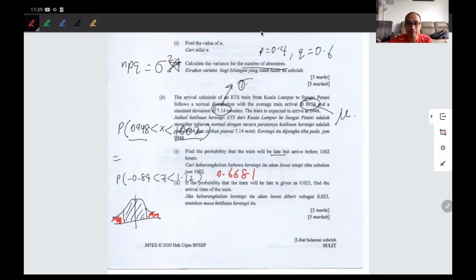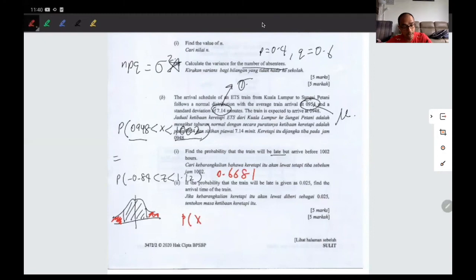If the probability that the train will be late is given as 0.025, so that means P of X more than 0948 is 0.025. Is that what is given? Oh, no, no, sorry. You don't know what the time is.